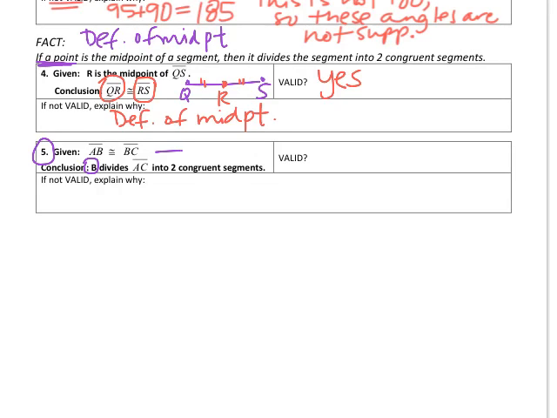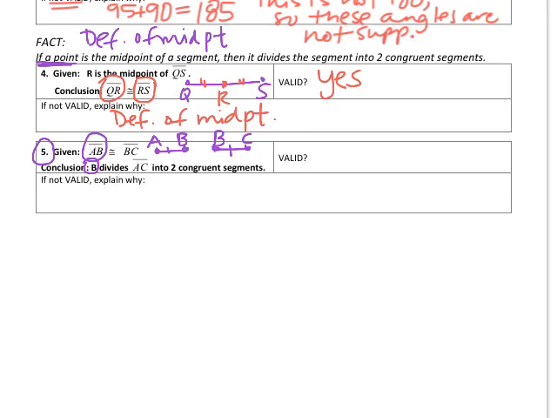Well, I've seen segments like this before where AB is its own segment, because all we're saying is that segment AB is congruent to BC. We're not saying that the two of them are on the same exact line. We're not saying that points A, B, and C are collinear. It could be that segment AB is separate from segment BC, so we cannot assume that point B lies on segment AC when we say it this way.